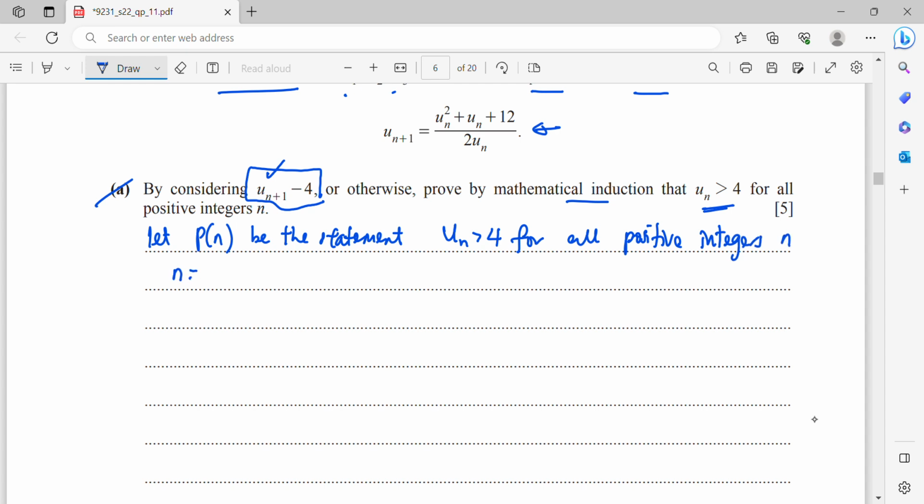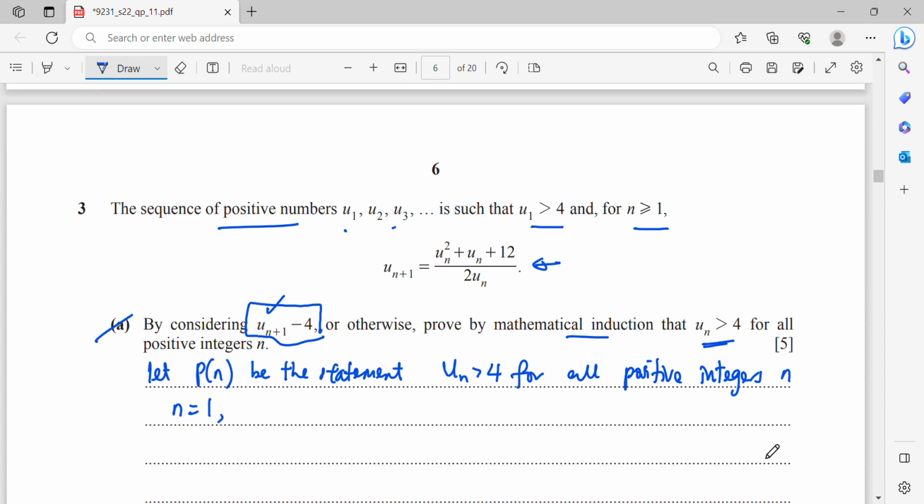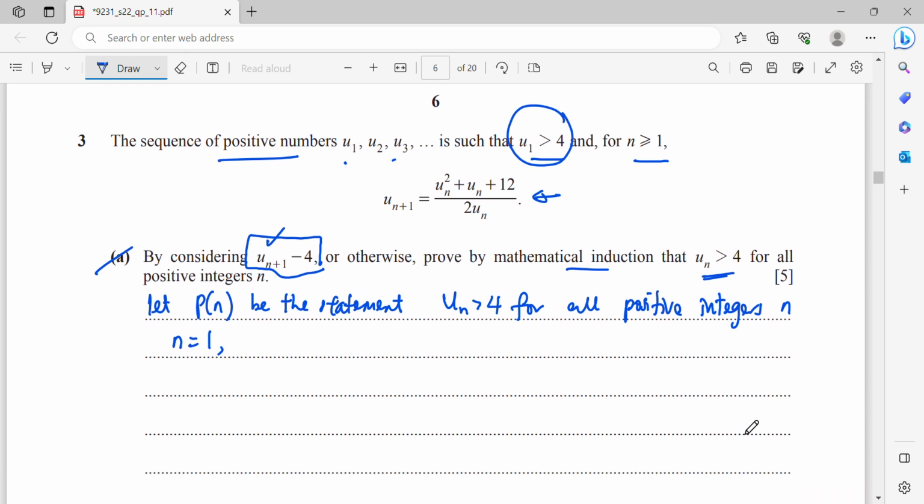Now we need to prove the base case, that is when n equals 1. What is our u1? u1 is given in the question. It is given that u1 is more than 4. So it is true for n equals 1. So P1 is true.